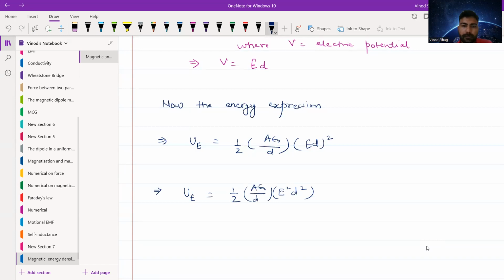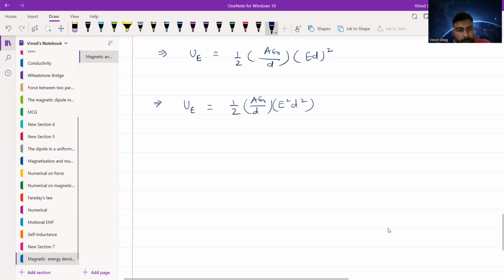From D and D square, one D will be cancelled out, and we get UE equals half epsilon naught E square, and what is left, A into D. This is the equation.